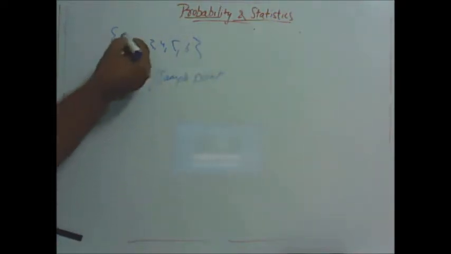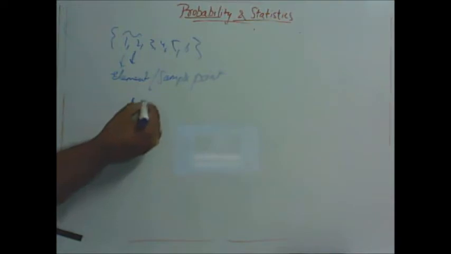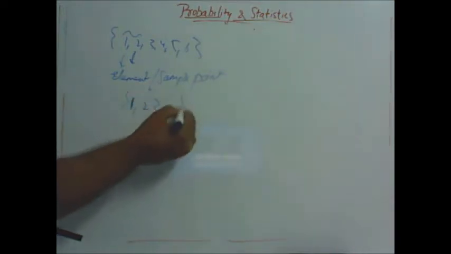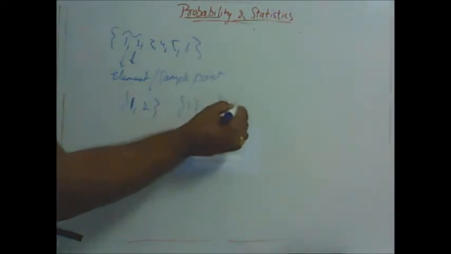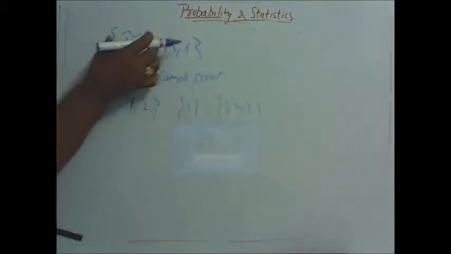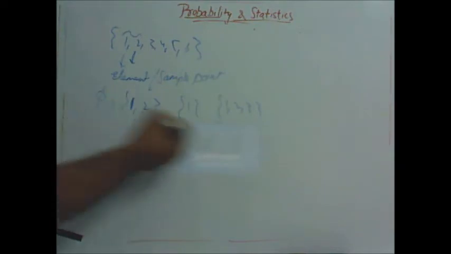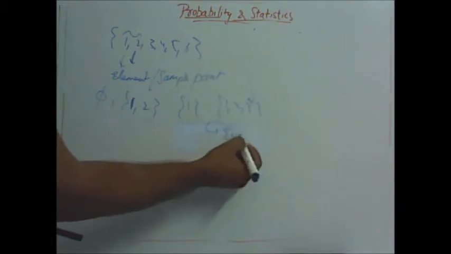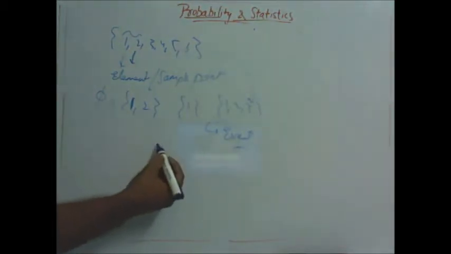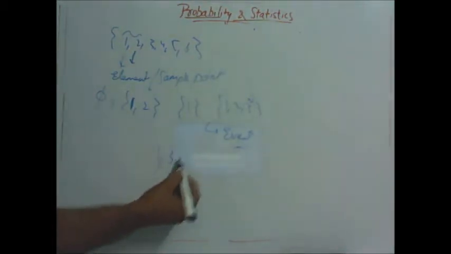Any subset of this, which constitutes any of these elements, even the null set, each and every subset of this sample space, we call an event. For example, in rolling of a die, our experiment is rolling of a die, but our desired output is that we get an odd number. Then the odd number chances are 1, 3 and 5.